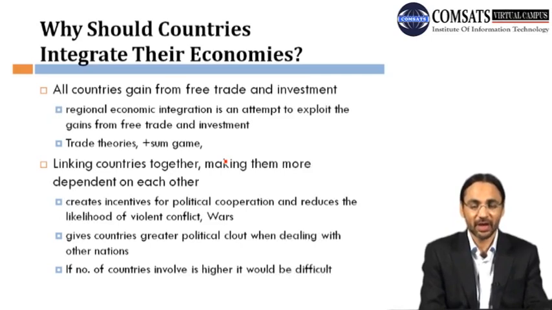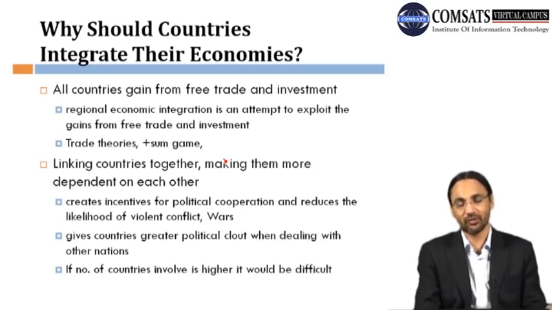Regional economic integration is an attempt to exploit the gains from free trade and investment. Trade theories, like we have said, free trade theory, is a positive sum game. Linking countries together makes them more dependent on each other. That's another point why they are getting together. Dependence creates incentive for political coordination and reduces likelihood of violent conflict and wars.